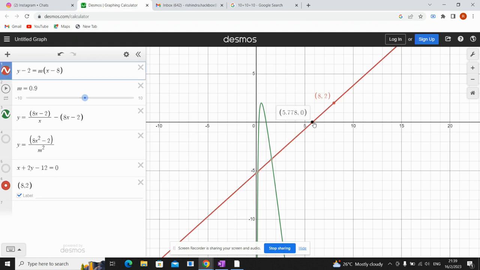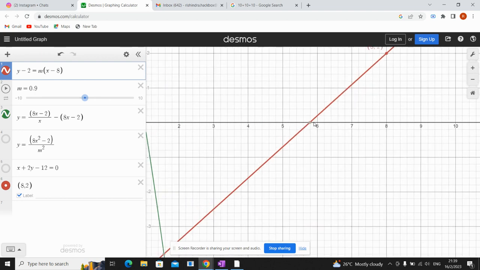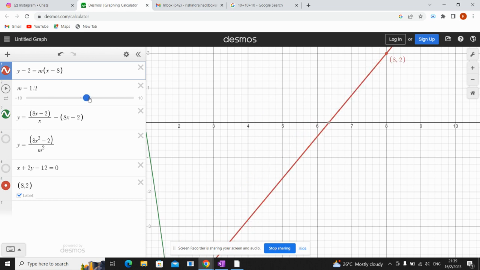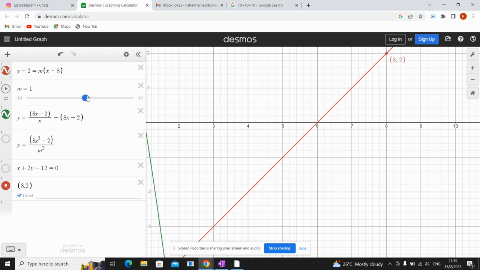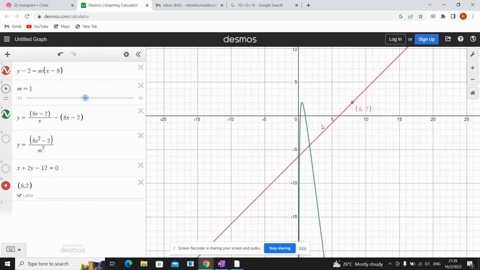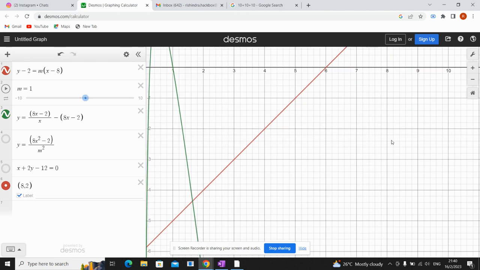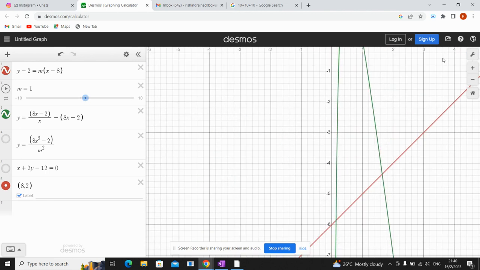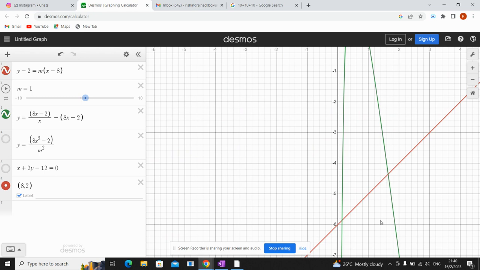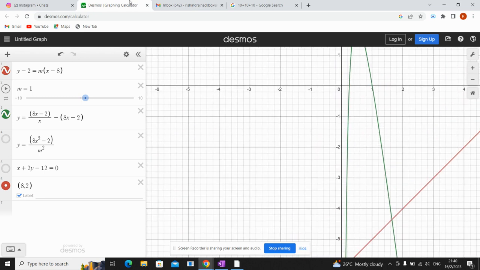I'm taking plus 1 to eliminate decimal values. At slope 1, the x-intercept will be 6 and the y-intercept will be minus 6, so the sum will be 0.